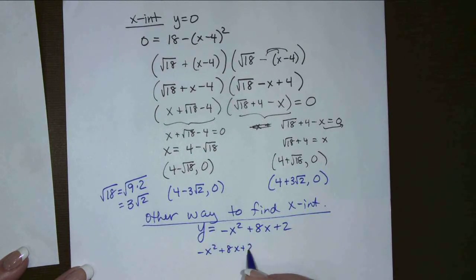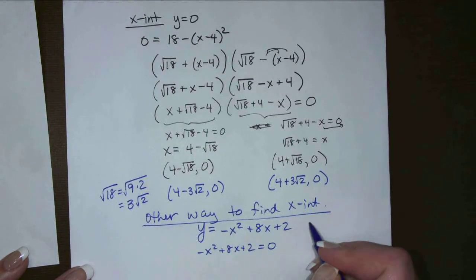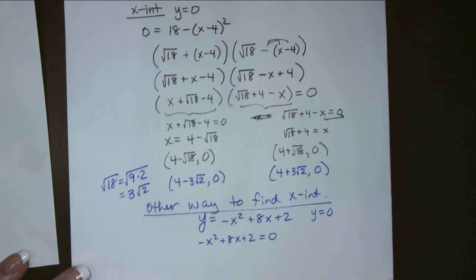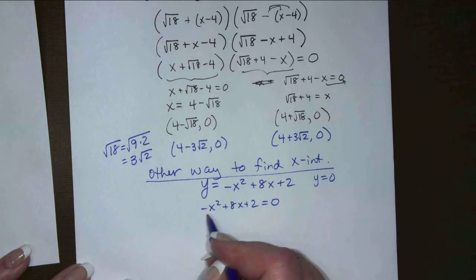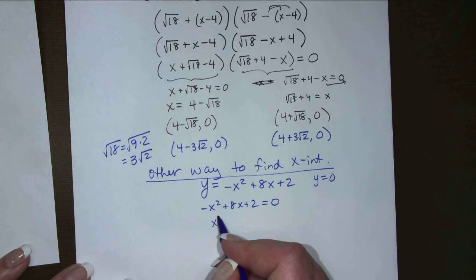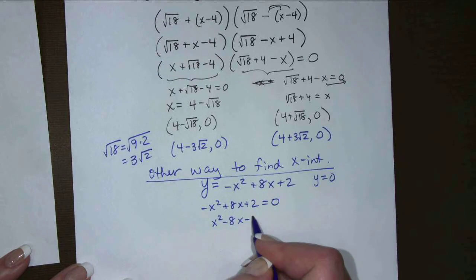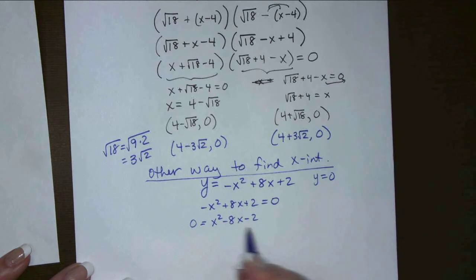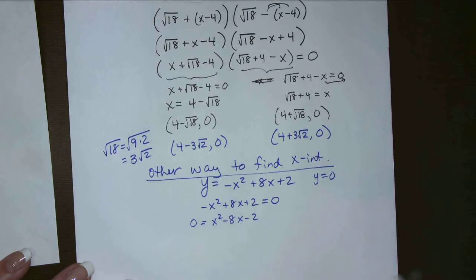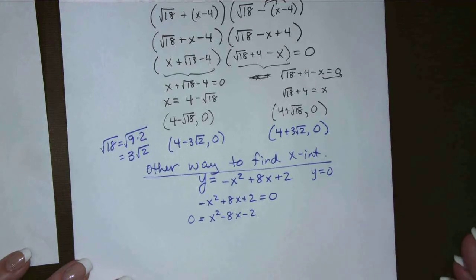Set it equal to 0, because for the x-intercepts we let y equal 0. And then I would probably move everything to the other side. And then it doesn't factor, so you'd use the quadratic equation, and then you'd end up with the same things. Okay, this doesn't factor.